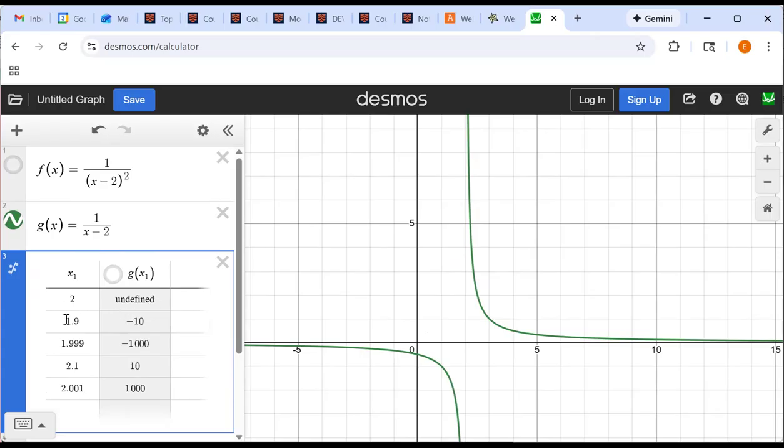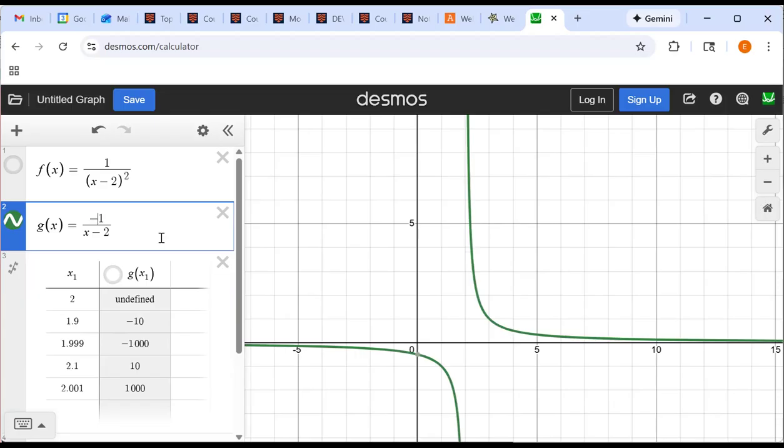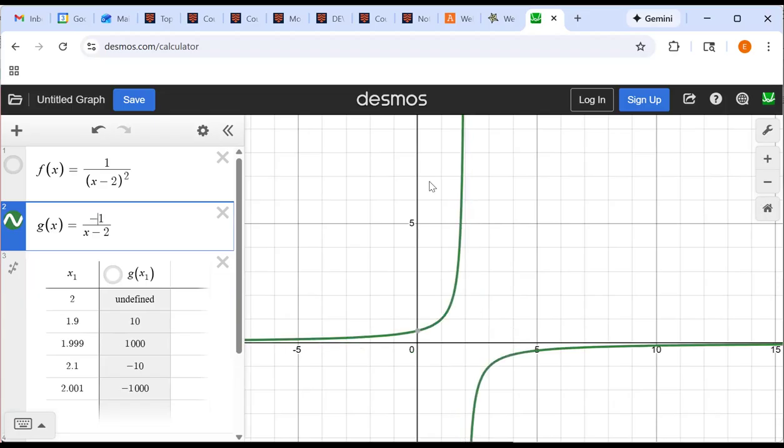So when I plug in a number a little bit smaller than 2, the 1.9, I end up with negative 1/10, and then I'm not squaring it, so it stays negative. But if I made this function up top negative, it flips the whole graph over. Now when I plug in that 1.9, I get a negative number, but the top also has a negative number.